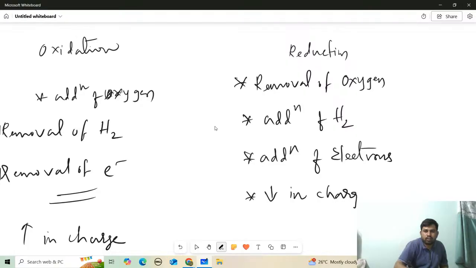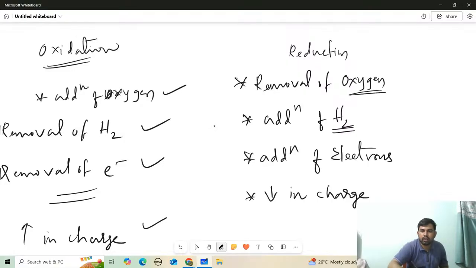These are the four important things we should understand. Addition of oxygen, removal of hydrogen, removal of electrons or increase in charge is called oxidation. Reduction means removal of oxygen, addition of hydrogen, addition of electrons or decrease in charge. Let's remember this. Now let's discuss reactions.